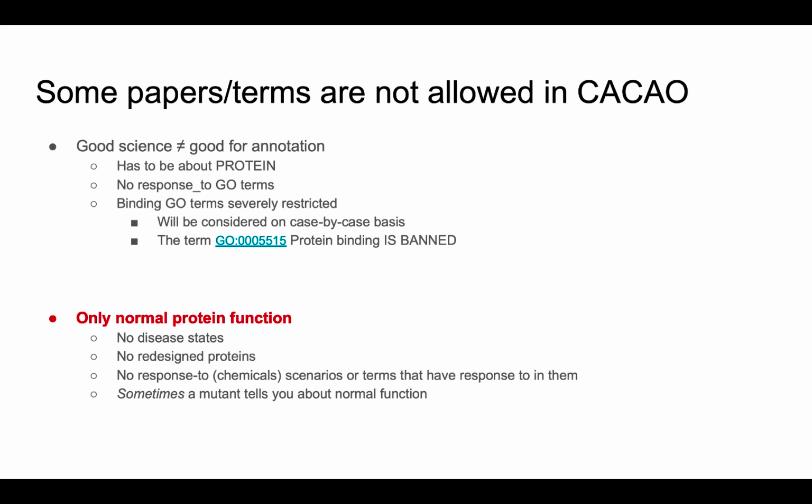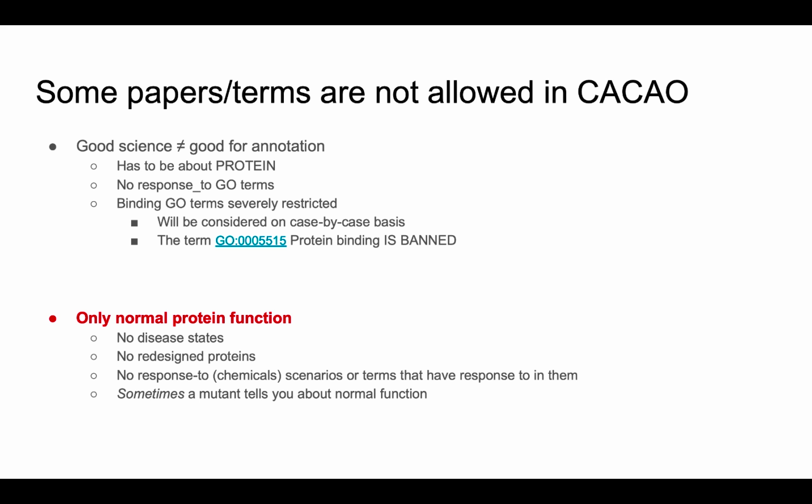Also, sometimes there are really interesting interactions that require proteins to be binding to each other, and that oftentimes is misunderstood because the GO ontology is kind of confusing about protein binding terms, so we usually don't allow that either.